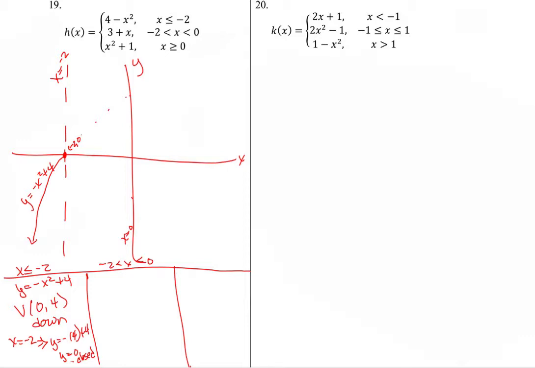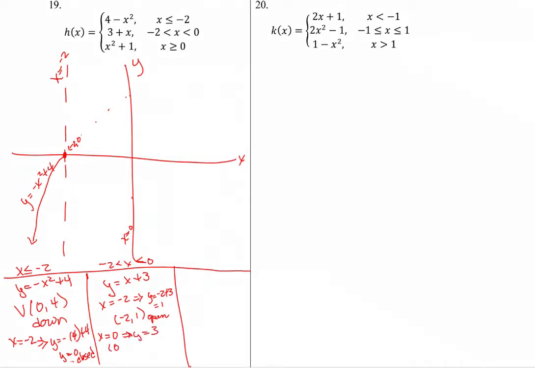Okay, now let's look at the line y equals x plus 3. At x equals negative 2, then y equals negative 2 plus 3 equals 1. So I have the point (negative 2, 1), and that's open. And at x equals 0, then y equals 3.